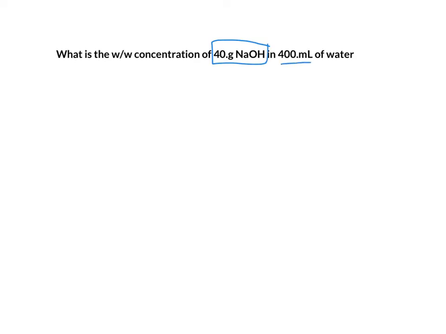We've got 400 milliliters of water, but this is a weight per weight. So we have to have grams and grams. The density of water is that there's 1 gram for every 1 milliliter. So we have 400 grams of water.